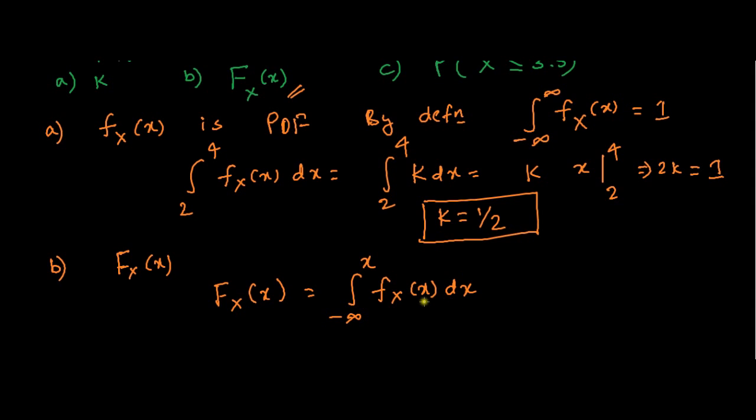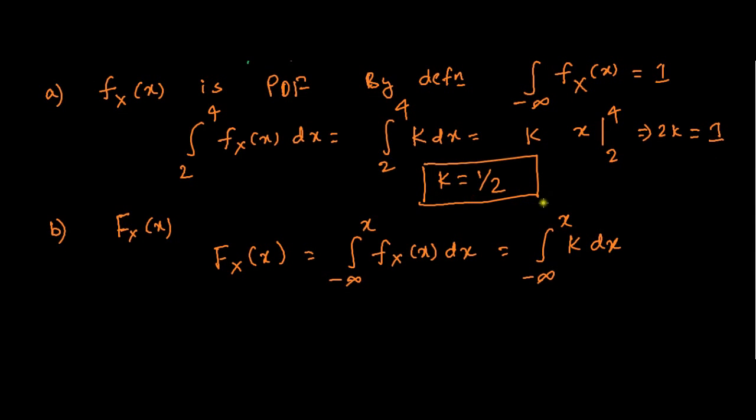We know what the PDF is, so we just need to place it here. This will be equal to k times dx. This k is from 2 to 4, so we need to change this limit accordingly. By definition, the cumulative distribution function is the integral of the PDF from minus infinity to this x.